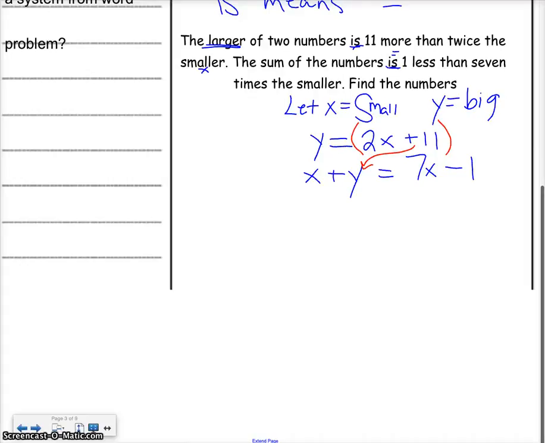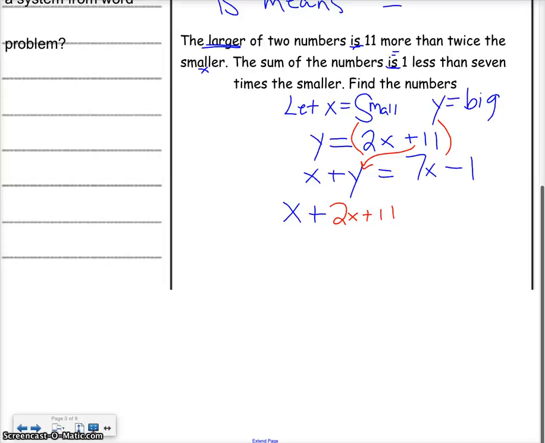My substitute comes in for me. So I get x plus my substitute, so 2x plus 11. Notice I didn't keep the parentheses. I only keep the parentheses if there was a coefficient in front. So I knew I have to distribute. So if I know I don't have to distribute, I just disappear.